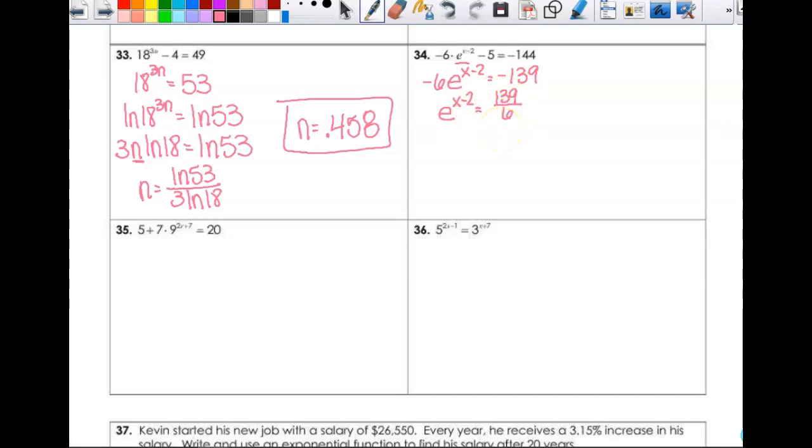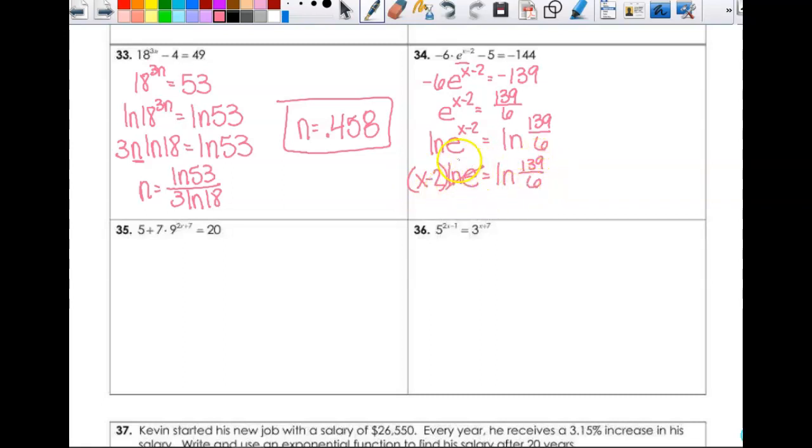So now that I have my exponential isolated, I'm going to take the natural log of both sides. So the natural log of e to the x minus 2 power equals the natural log of 139 over 6. Then the x minus 2 comes out in front, in parentheses, times the natural log of e equals the natural log of 139 over 6.